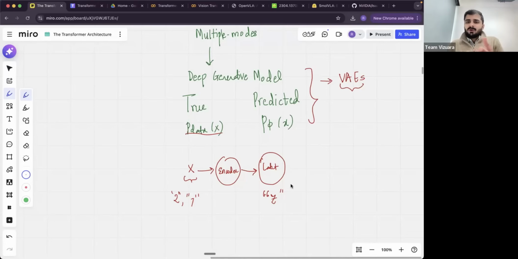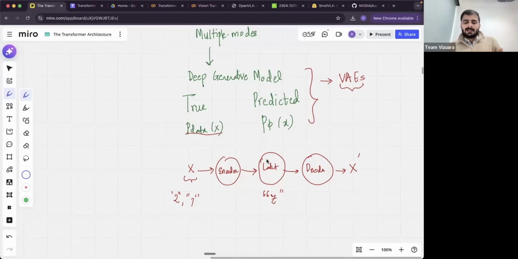Now it's not enough for you to encode the data, you have to finally decode it back, right? So you have a decoder also, which decodes it back, and you get the final sample, which is called X hat. So you have an encoder and you have a decoder. What does the decoder do? The decoder takes in the individual factors of variation.